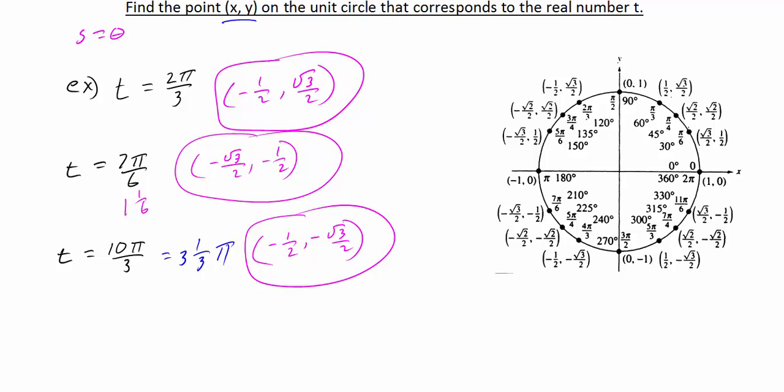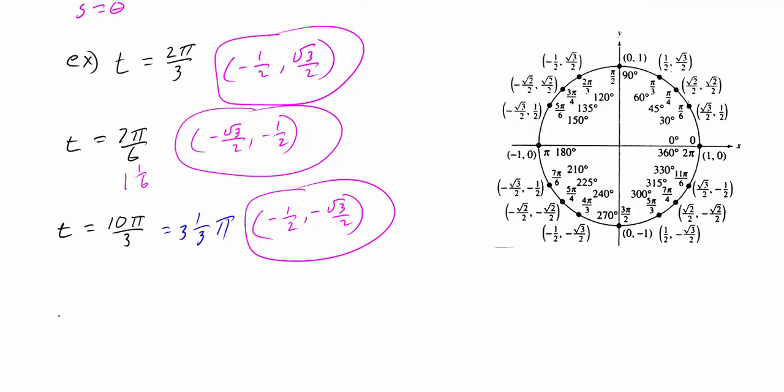All right, so let's look at another example. Let's say that we have t equals a negative pi over 3. Now that we're talking about a negative number, that means we're going to go in the downward clockwise direction because it's negative.